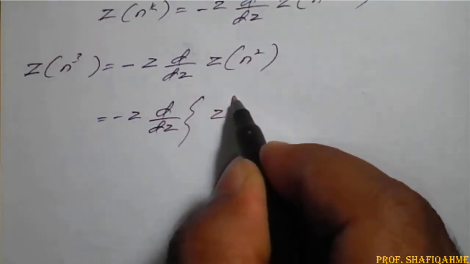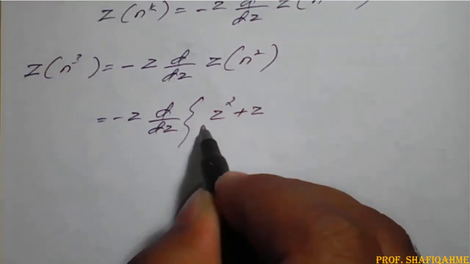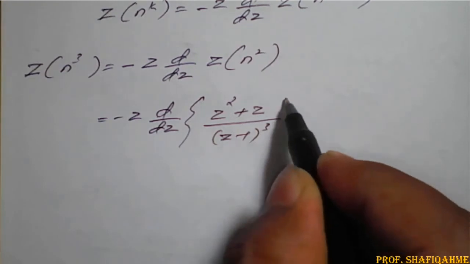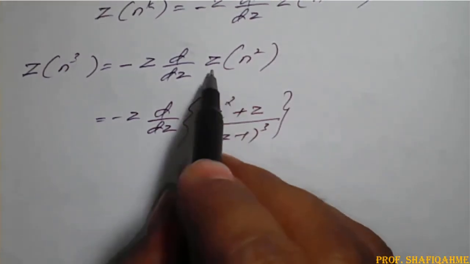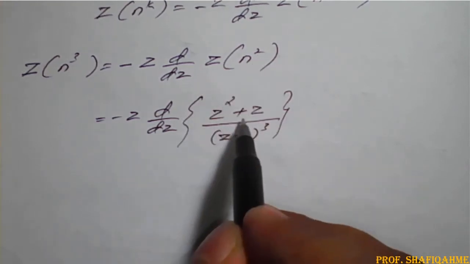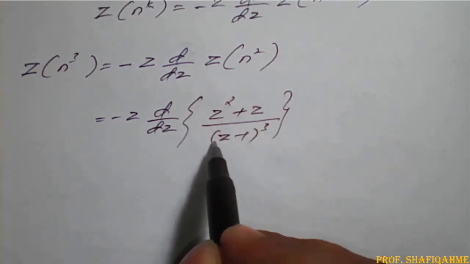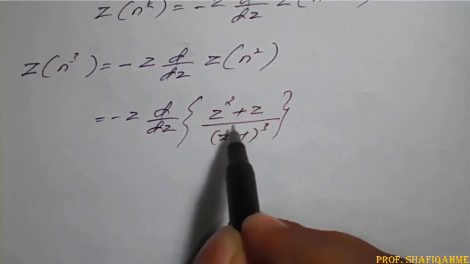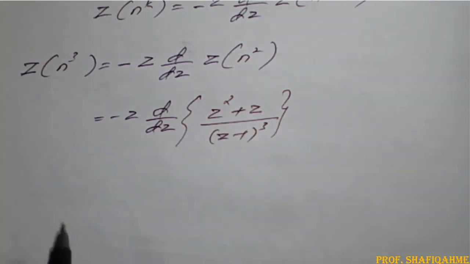So z transform of n square is z square plus z divided by z minus 1 whole cube.